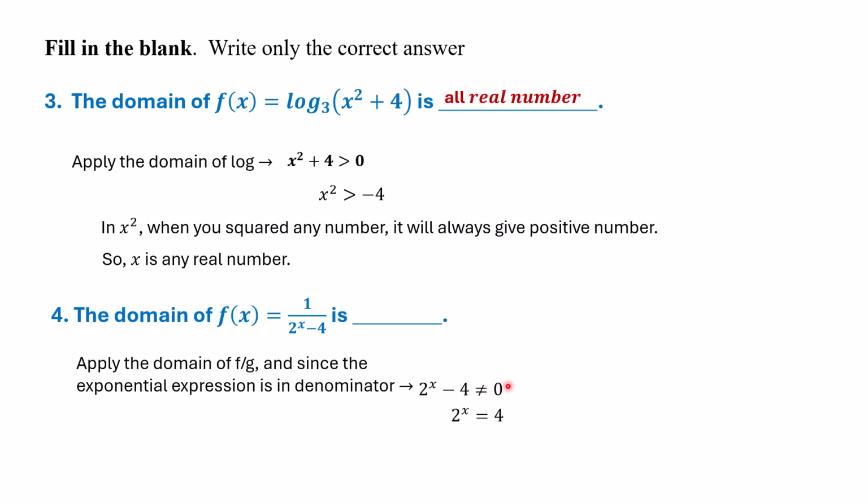By moving negative 4 to the other side and changing 4 as 2 squared, these two expressions are equal only if the powers are equal. So we equate the powers, and x is not equal to 2. So the domain of this function is all real numbers except 2.